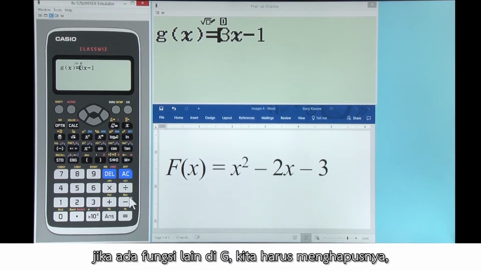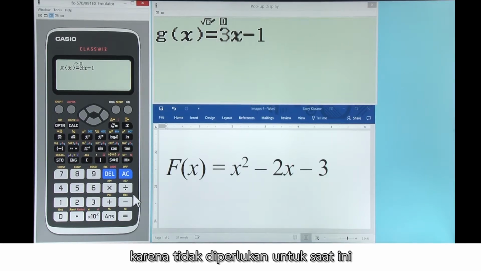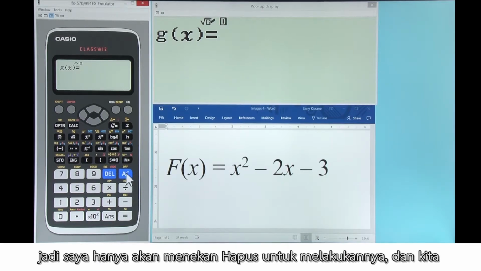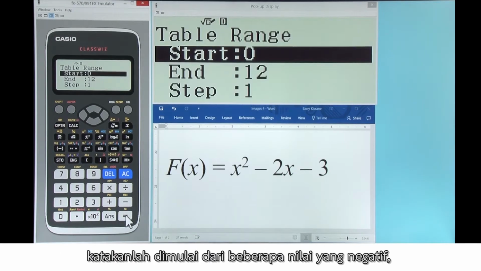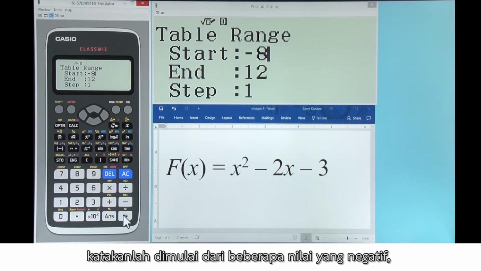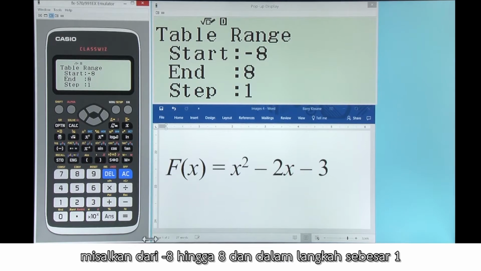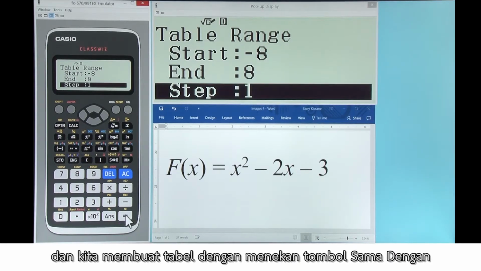If there's any other functions in g, we'll need to delete those because we're not interested in those at the moment, so I'll just tap clear to do that. And we'll choose some values for a table for this quadratic function. Let's say some values that are negative, say from negative 8 up to 8, and in steps of 1. And we construct the table by tapping the equals key.